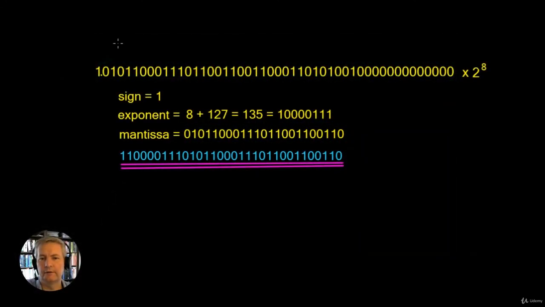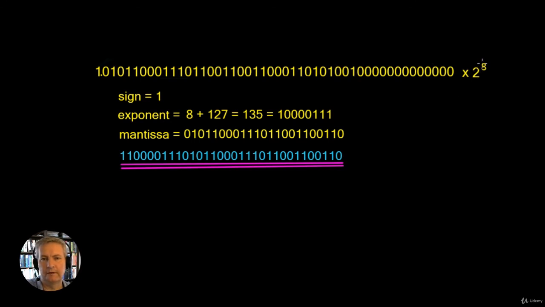So I've rewritten our final number up here, and this is our 48-bit number, and it's times 2 to the power of 8, and there's a 1 appended, and that's the decimal point. So we know that the sign is going to be a value of 1, we talked about that at the beginning, and the exponent is now a value of 8.